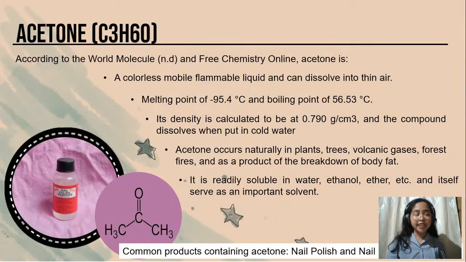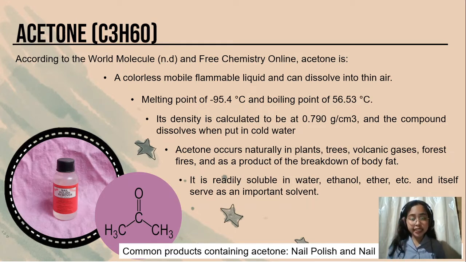Acetone has a molecular formula of C3H6O. It is a colorless, mobile, flammable liquid and can dissolve in thin air. It has a melting point of negative 95.4 degrees Celsius and a boiling point of 56.53 degrees Celsius.